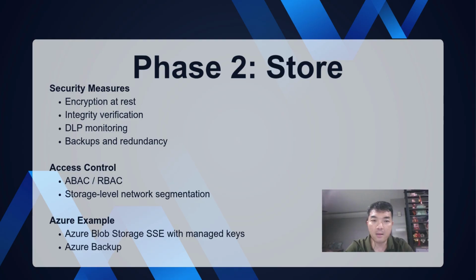Redundancy through backup further enhances resilience, and access control and identity management rely on company policies such as attribute-based access control, ABAC, combined with network segmentation to limit the exposure. Examples in Azure are Azure Blob Storage SSE with managed keys and Azure Backup.